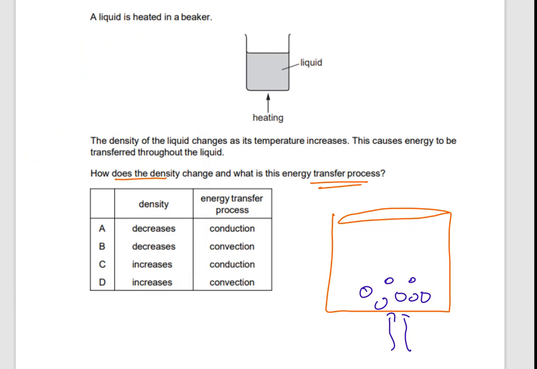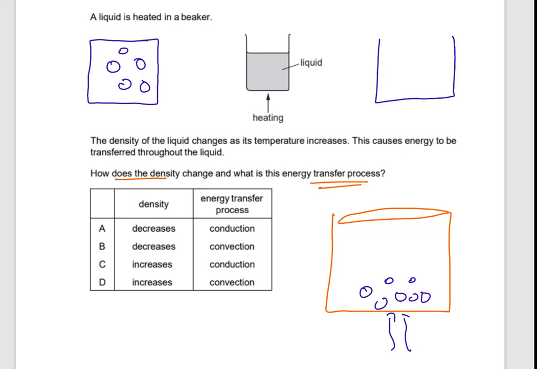Let me put that in a detailed way. Let's assume a closed container with 5 air molecules. They would have the same amount of density.